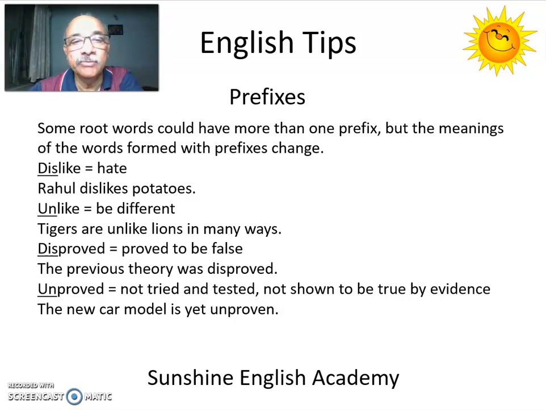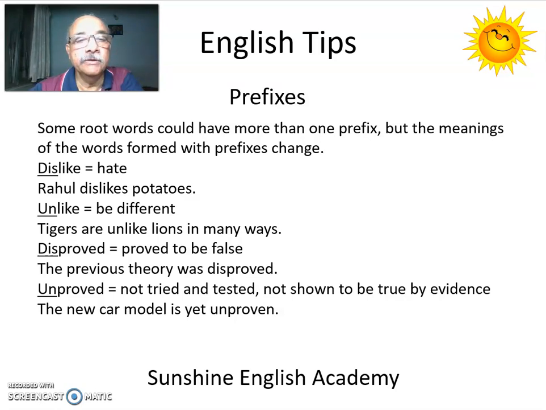For example, Rahul dislikes potatoes. It's something like saying Rahul hates potatoes. But when we use un before like and form the word unlike, it means to be different. For example, tigers are unlike lions in many ways. They are different from lions in many ways. So, unlike means to be different, dislike means to hate.